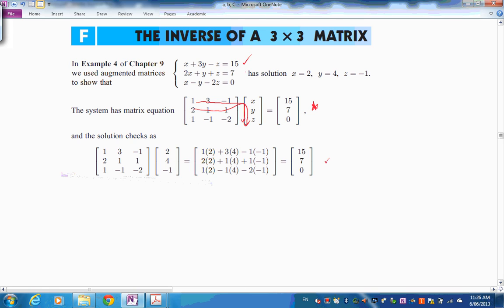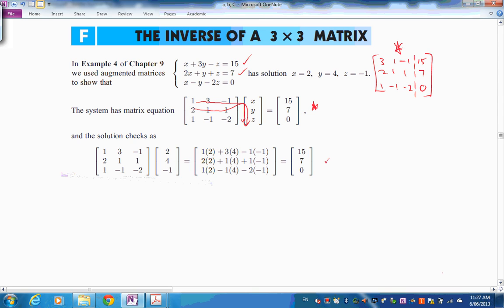Just remember, this is an alternative to the augmented matrix idea. 2, 1, 1, 7 is what we did with system of equations before. This is an alternative. So in any test or question, if they say use row operations, they're talking about the augmented matrix approach.